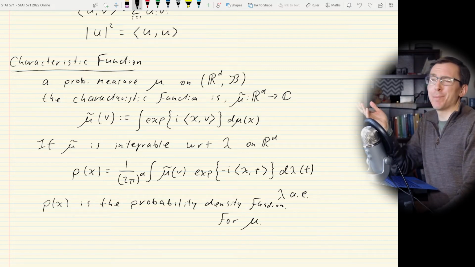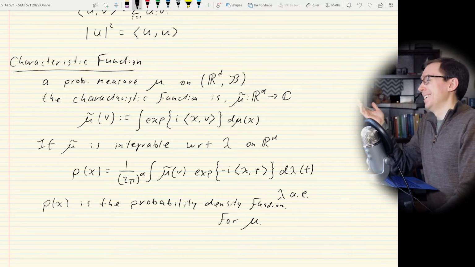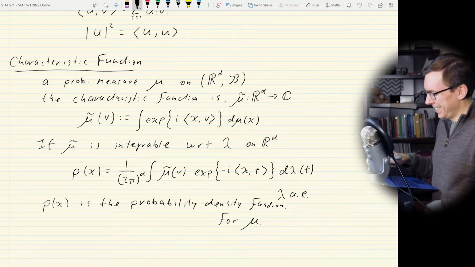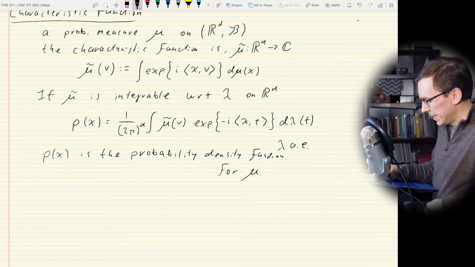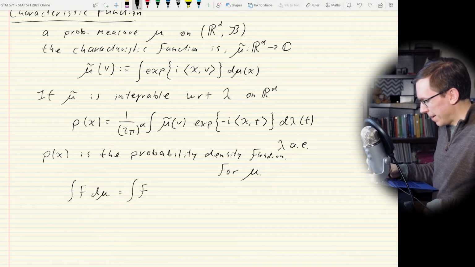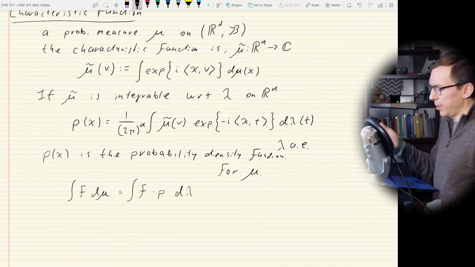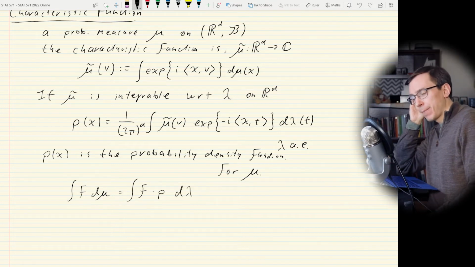So again, we didn't really talk about probability densities, but basically it's this whole thing that the integral of f d mu would be the integral of f times p d lambda, with respect to Lebesgue measure.